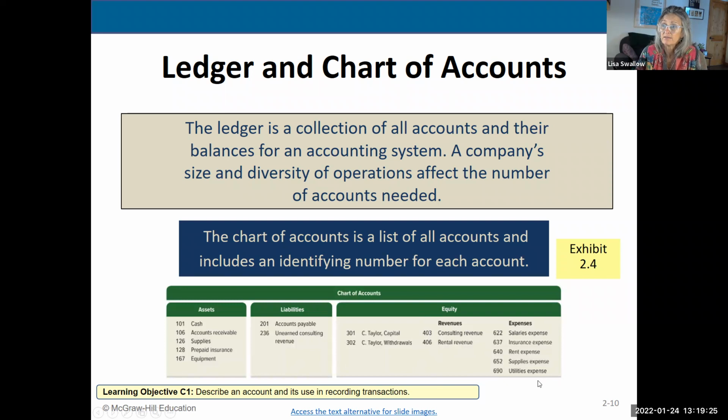You just make one. There's nothing magic about it. You give it a number. These actually should be alphabetized. I don't know why salaries comes first, but I would put it somewhere in here between insurance and rent expense and say, property tax expense, account number 639. So in software, you can just add those very easily.